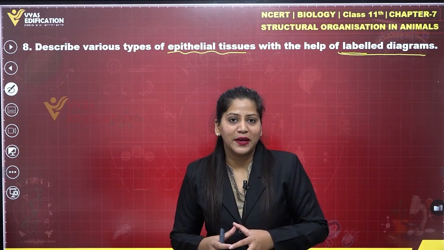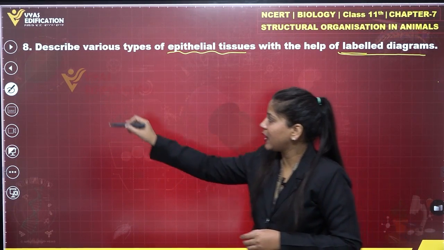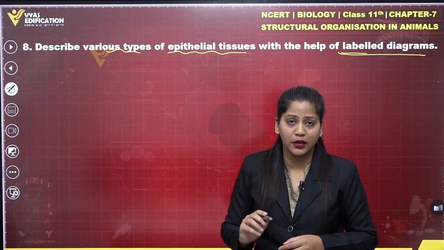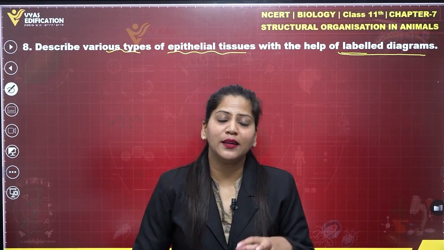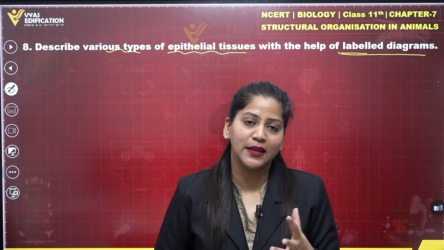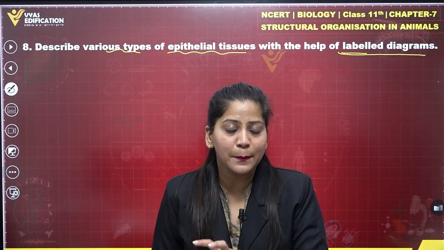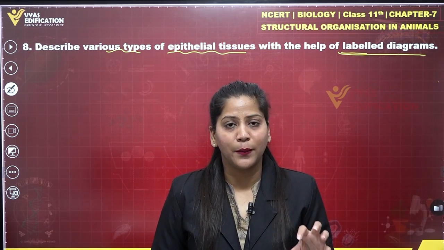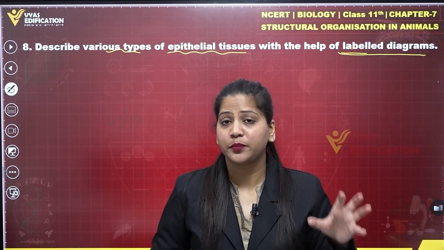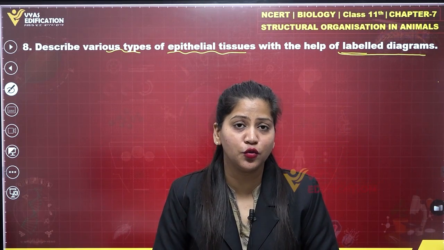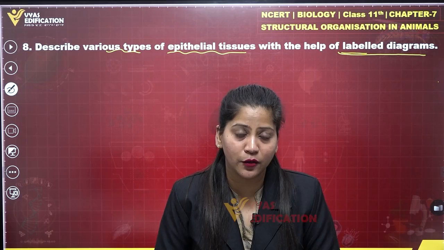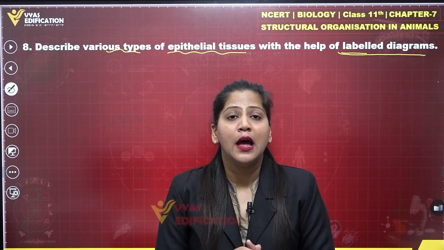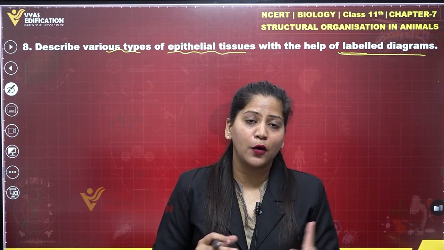Now we have to describe the various types of epithelial tissue, right? So basically we have two types of epithelial tissue, that is your simple epithelial tissue and your compound epithelial tissue. Now what is the difference between these two? Why are these two categorized into different groups as simple epithelium and compound epithelium?